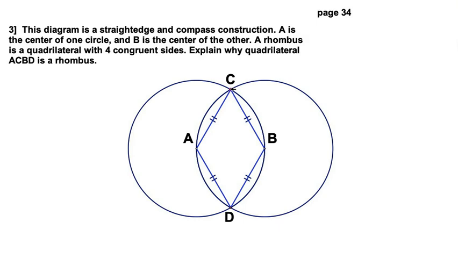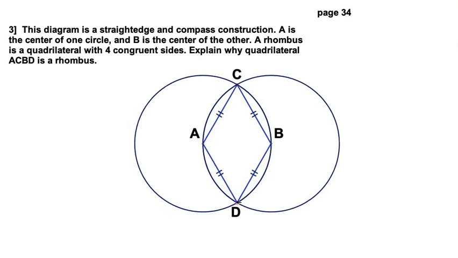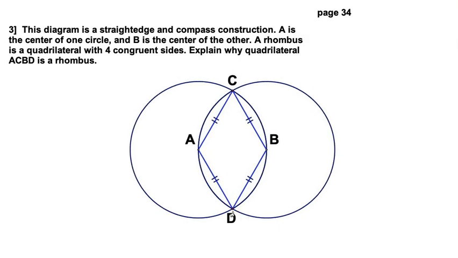I know your explanation would contain something of the following. I'm sure you would mention that if this is the radius AB, then AC is equal to that radius, and the same goes true for AD.